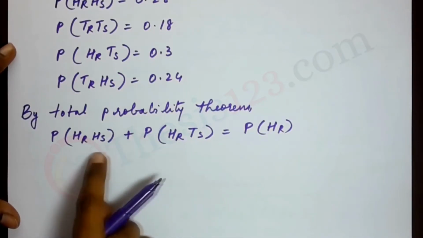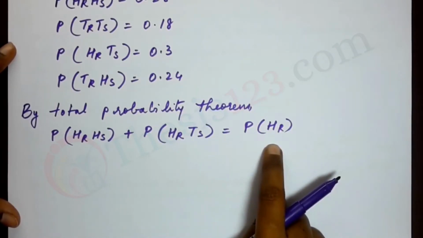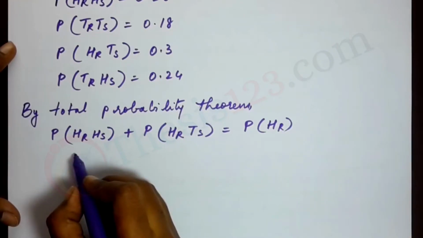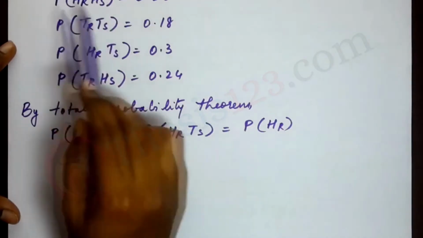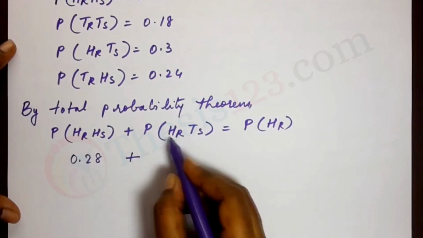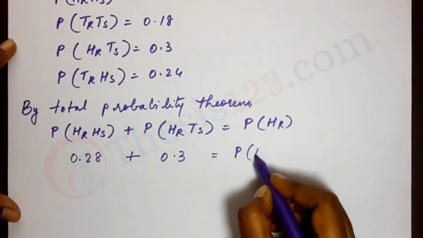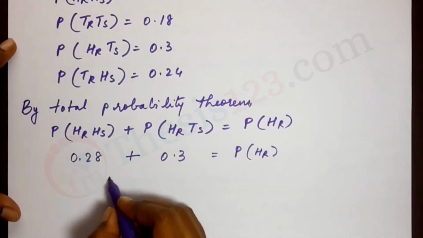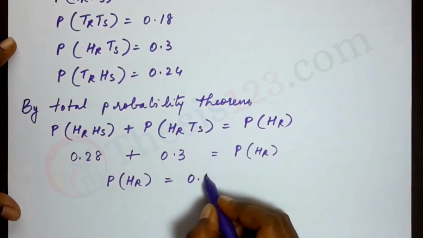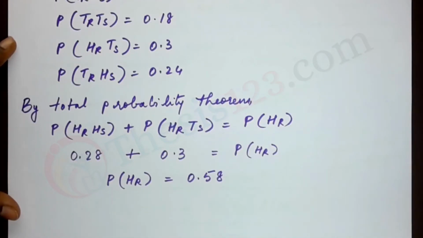We have the values of both of these probabilities, so let's substitute. The probability of HRHS is 0.28, plus 0.3, equals P of HR. Adding up the two values, P of HR is 0.58. So this is our first value.